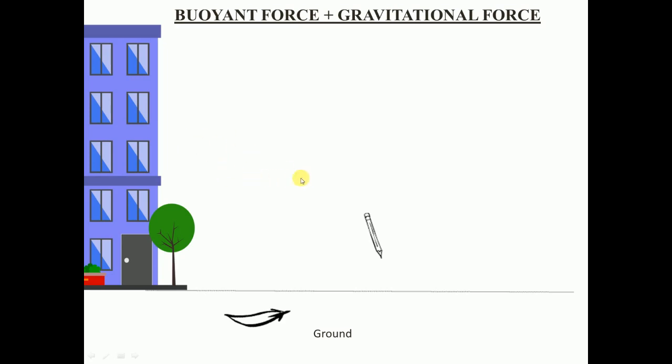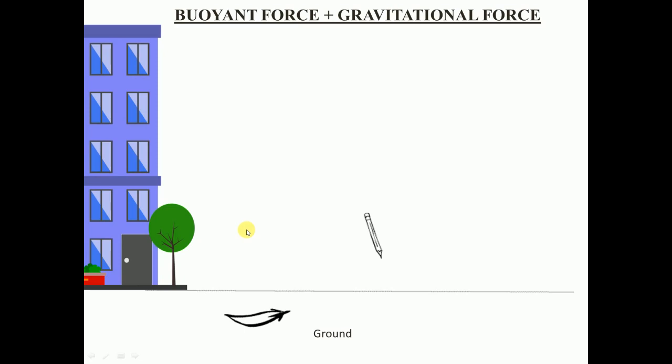Second, when you throw the feather from the top of the building, the earth started attracting it towards itself. That is two forces acting on the feather. First, the force applied by the air when it was floating in the air, and second, the gravitational force.